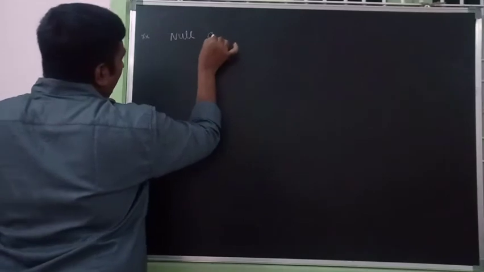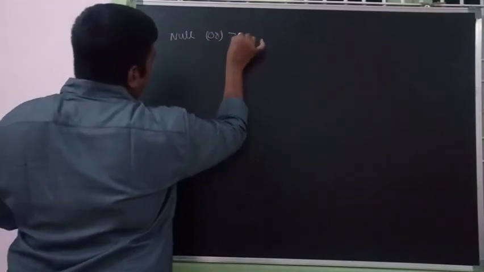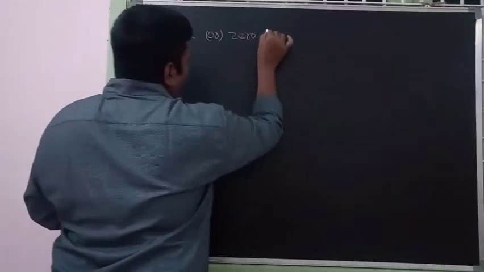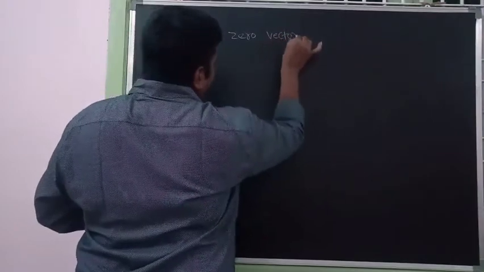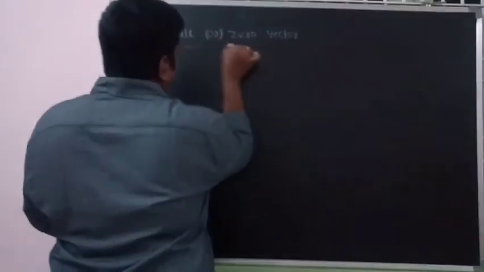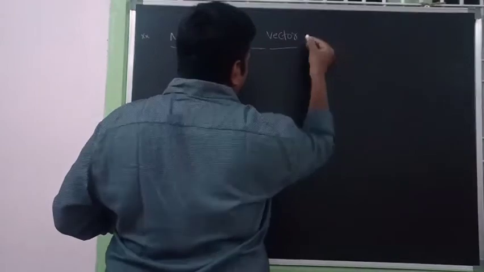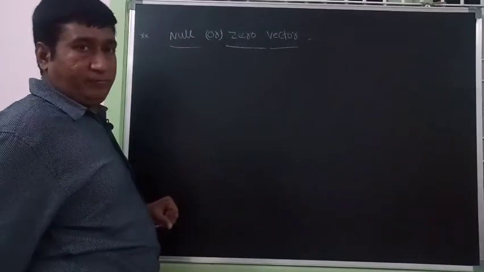Then further, a null vector, or we can call this a zero vector. In the name itself they have given null, nothing.